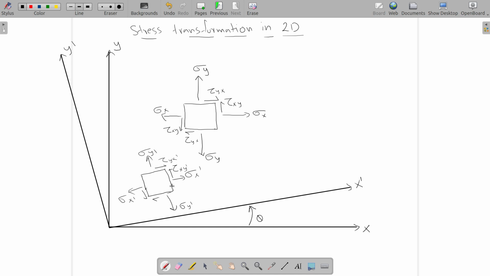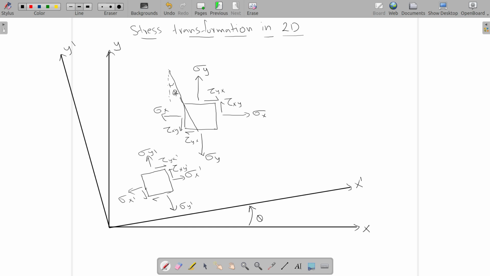We will use the same strategy. So we will make a cut here, in the first element, and what will be this angle?